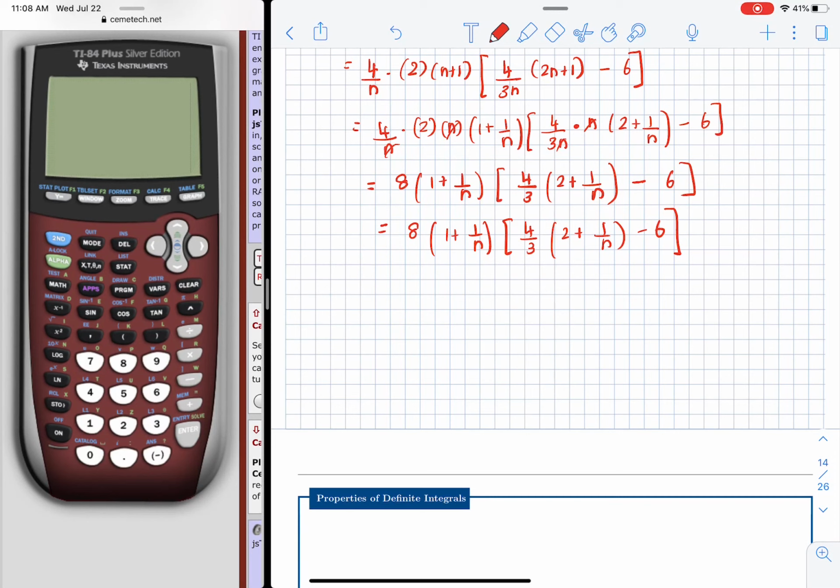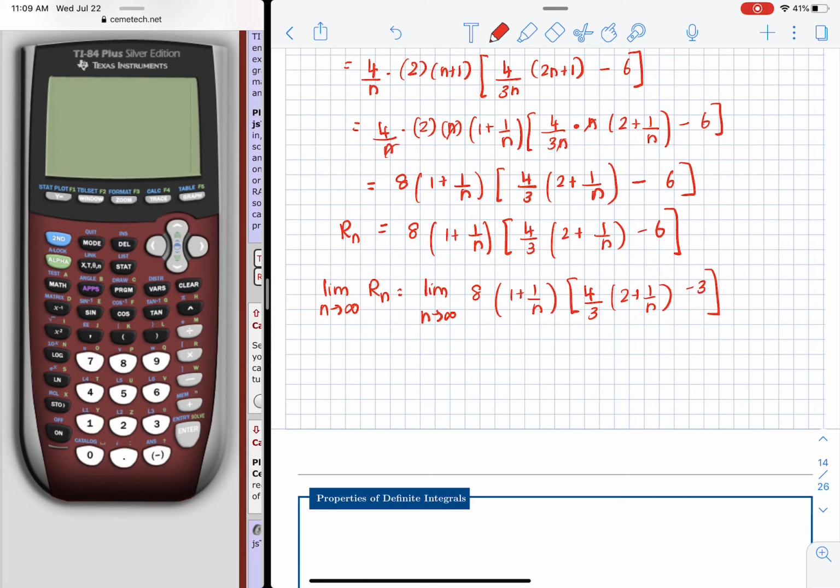So limit as n approaches infinity, we would have 8 times 1 plus 1 over n multiplied by 4 over 3 times 2 plus 1 over n minus 3.